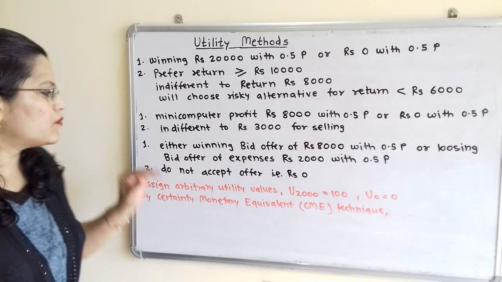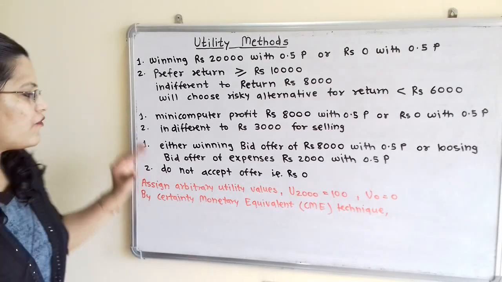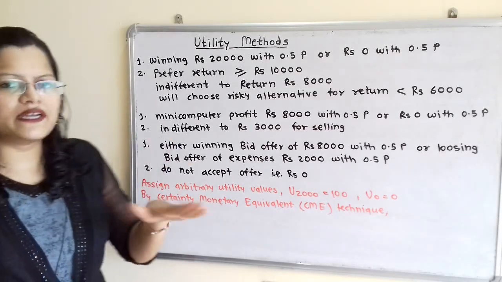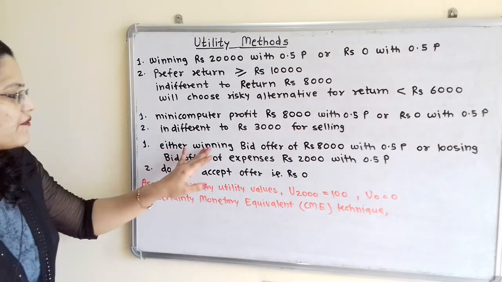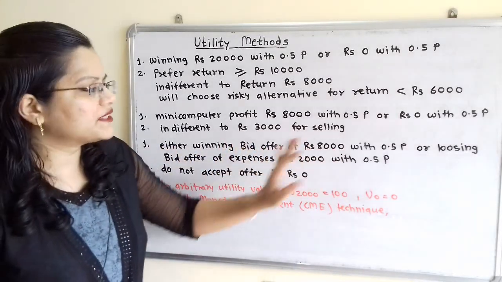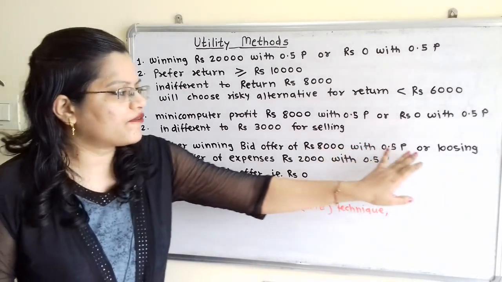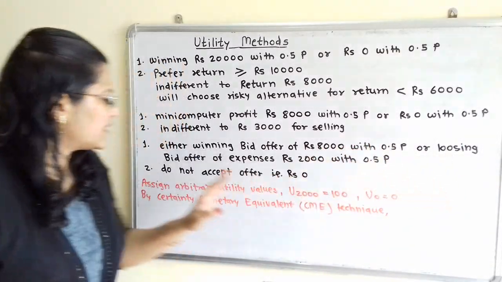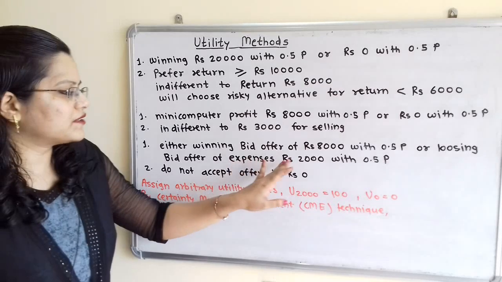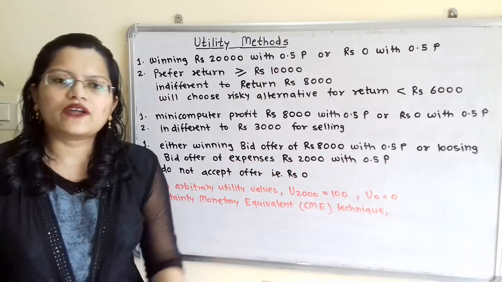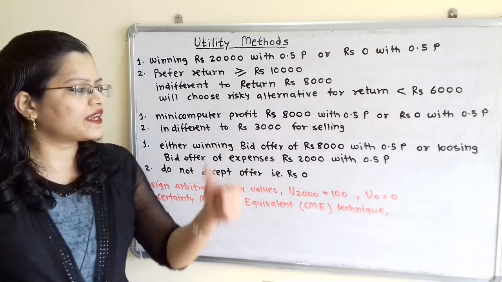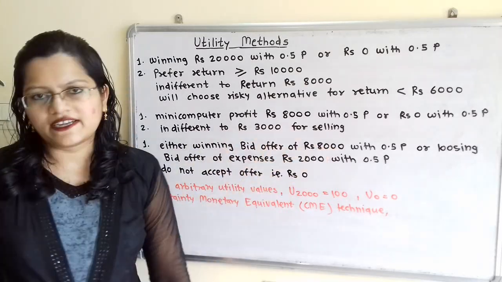Then again we will move to the third case. For the third case, a bid offer is there. Either winning the bid offer of rupees 8,000 with 0.5 probability, or losing the bid offer at an expense of rupees 2,000 with 0.5 probability. When we win this bid offer, we will get the work profit of rupees 8,000.